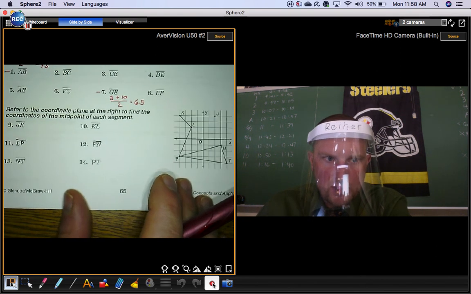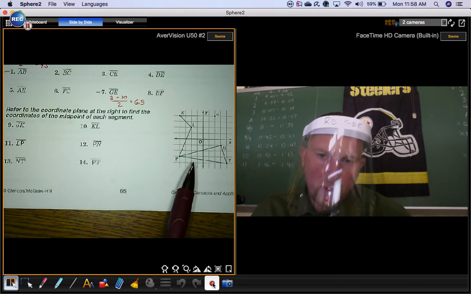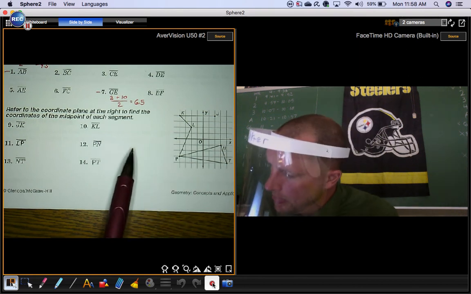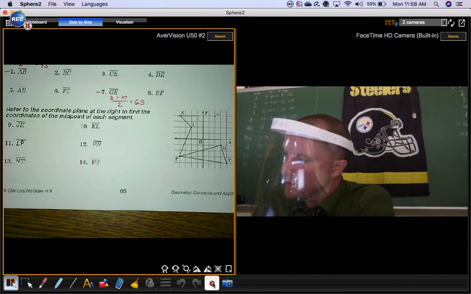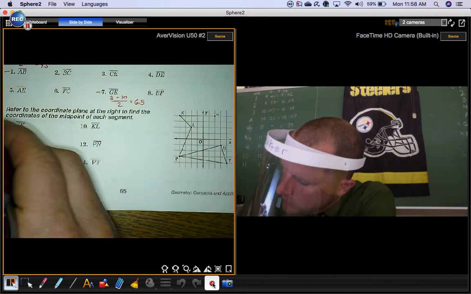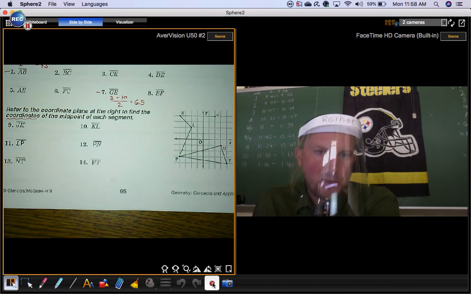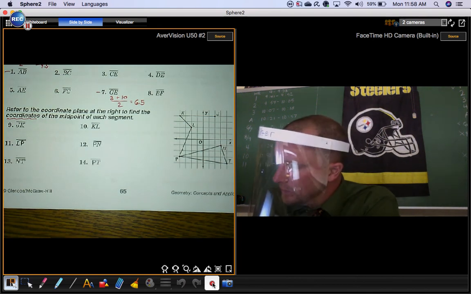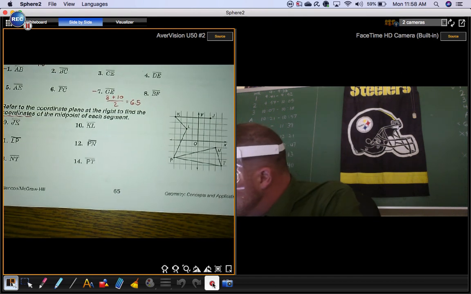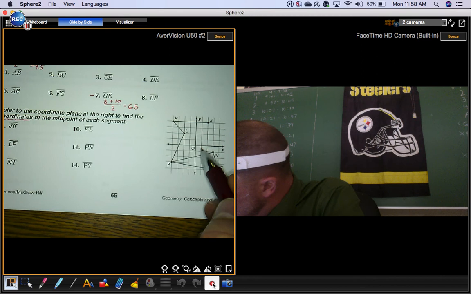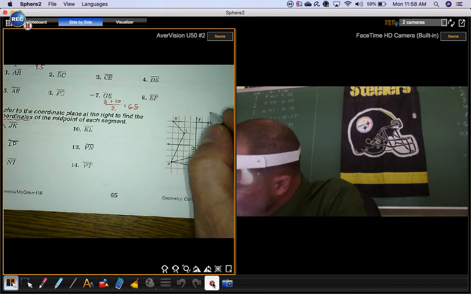Now, the bottom section, they give you a graph to look at, a coordinate plane with some points graphed. They're asking you to find the coordinates of the midpoint of each segment. So again, your answer is going to be a number. So look at number 9, segment JK. J lives at 2, 4.